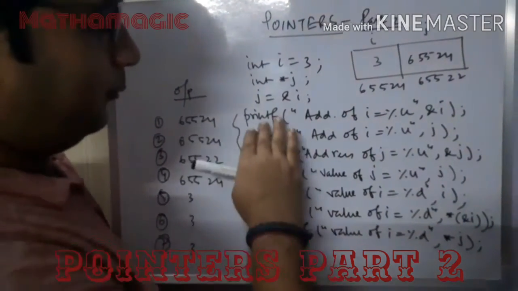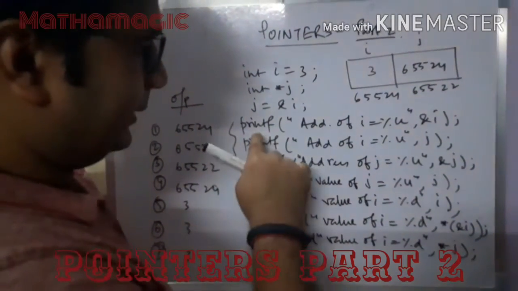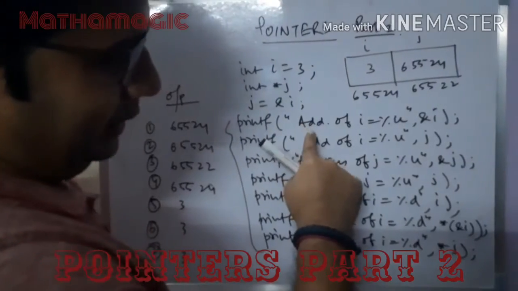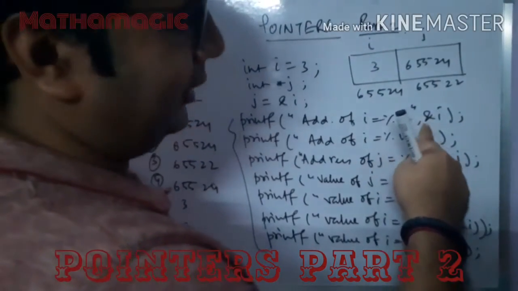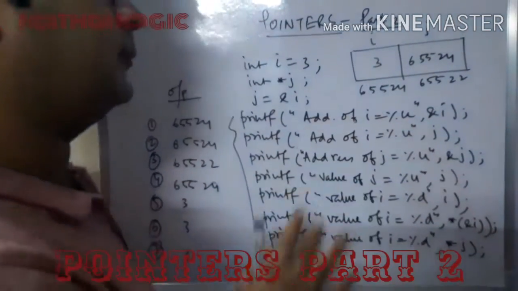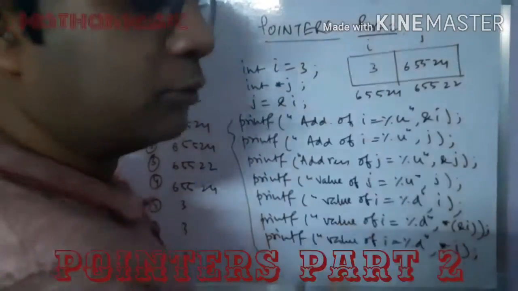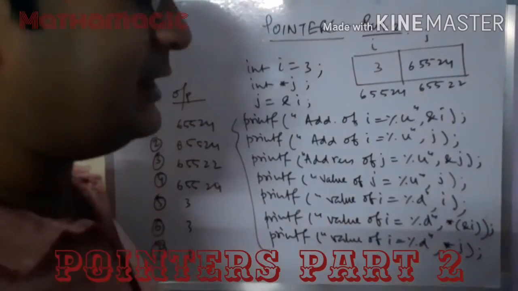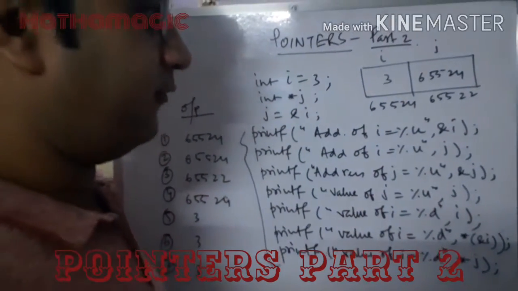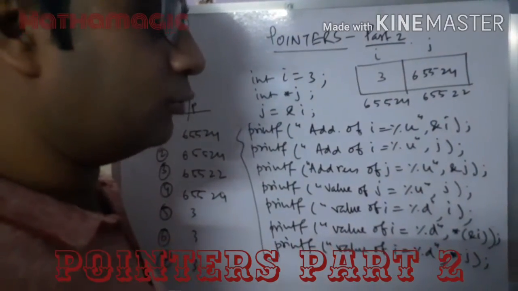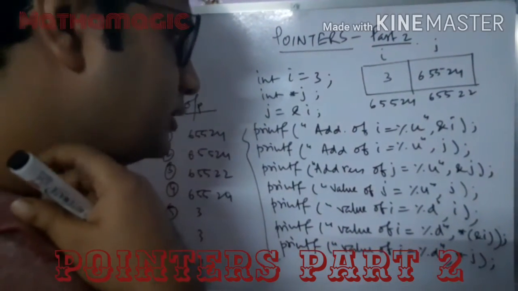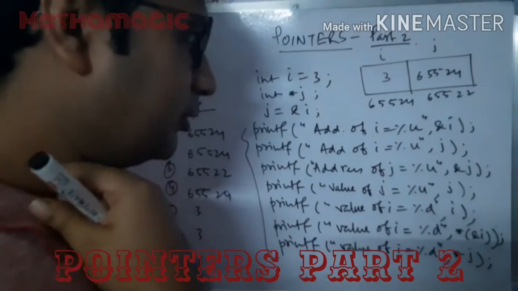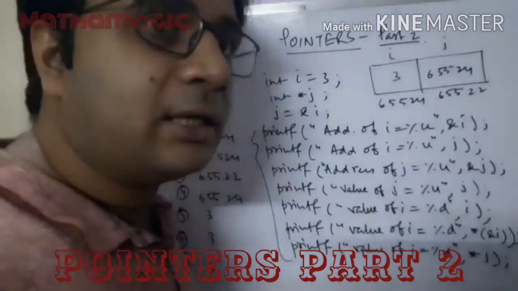Now the first statement we have written here is printf address of i is equal to %u comma ampersand i. We have not seen anything called u before. We have seen d, c, and f, but not u. But in one class we discussed signed and unsigned integers.